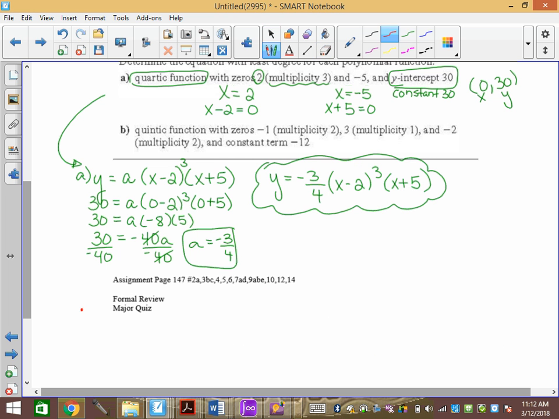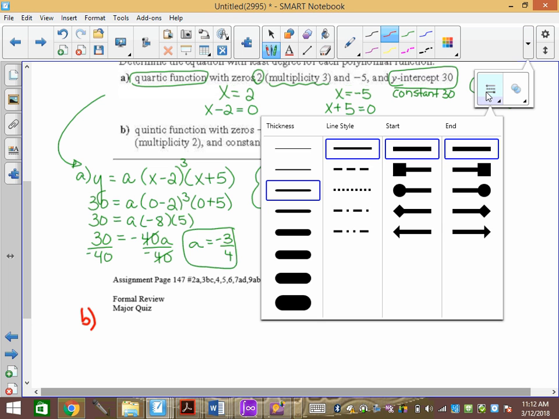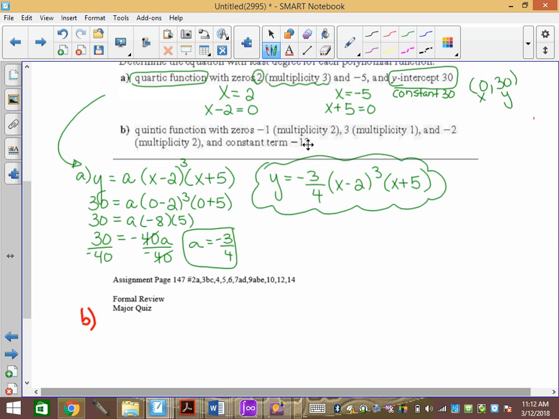Now B. B has a quintic function. So degree what? 5. With zeros at -1 multiplicity 2. So we know we have y equals A. We always just put the A in right away because we have to find it. X what?